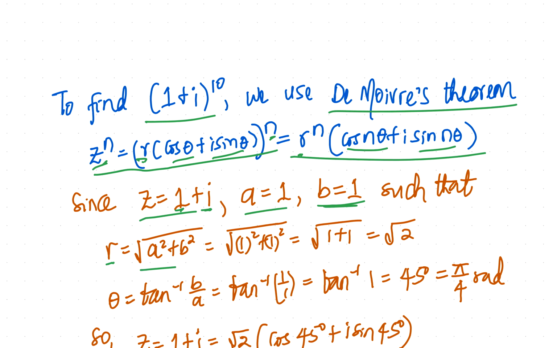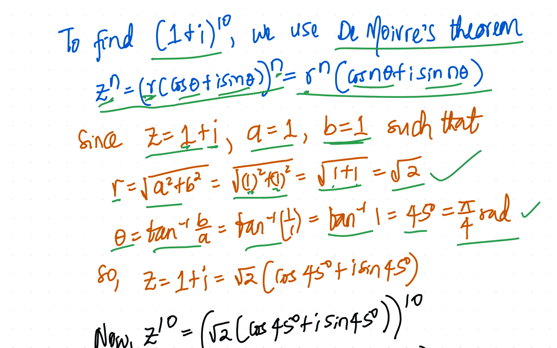That is the square root of 1 squared plus 1 squared, the square root of 1 plus 1, which is the square root of 2. So r is done. Then you need the angle theta. Arctan of b over a is arctan of 1 over 1, and arctan of 1 is 45 degrees, which is the same thing as pi over 4 in radians. So we have the magnitude and the direction now, the argument if you like.